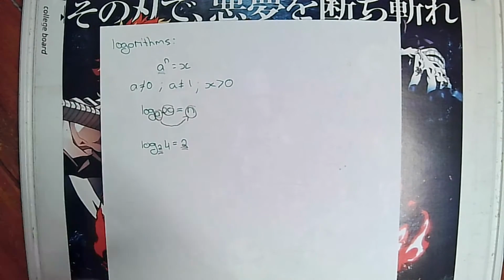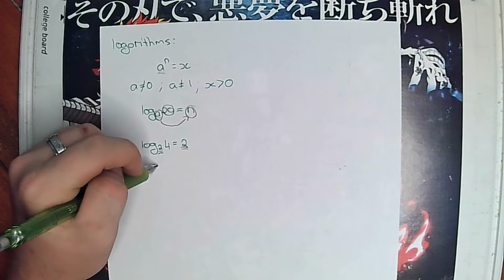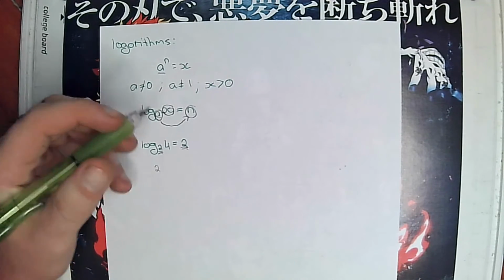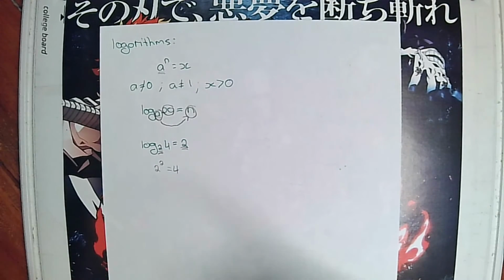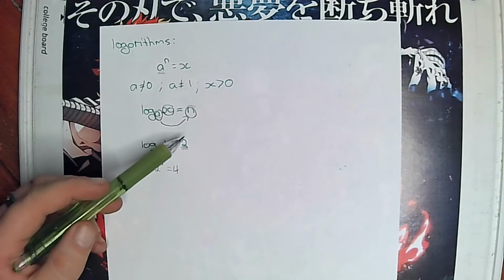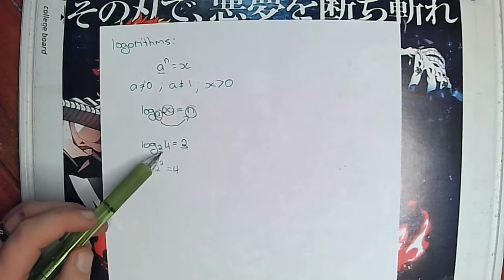So what this really tells me is that 2 to the power of 2 is equal to 4, which we know, which means that this logarithm is factually true. So remember again, the word index is very important because it gives you an index value to which my base needs to be raised to get a specific answer.